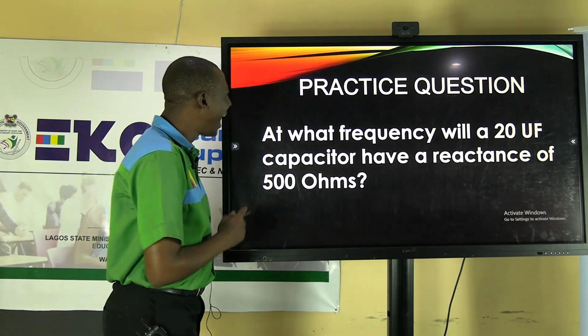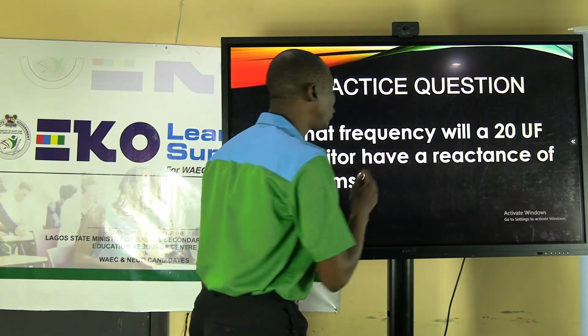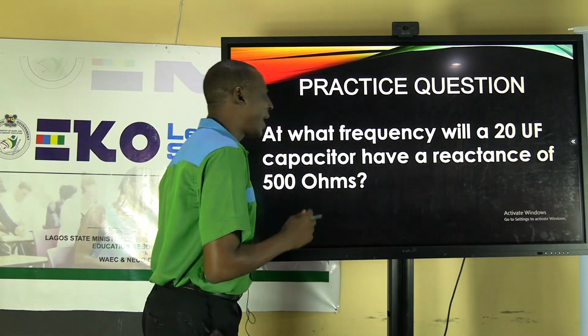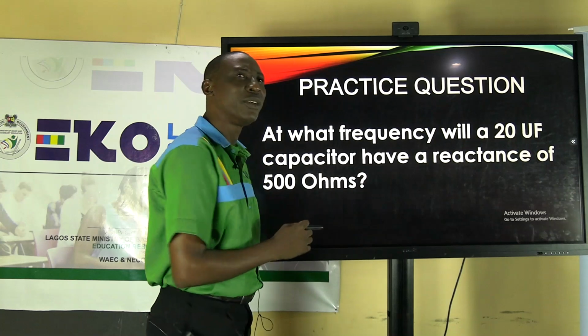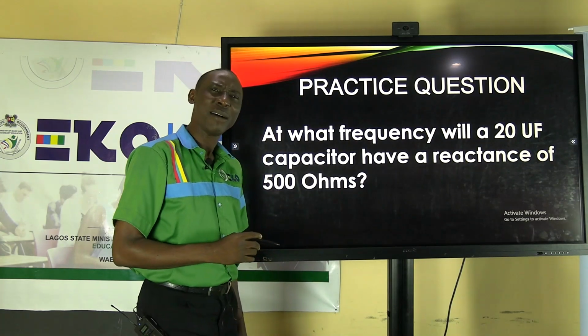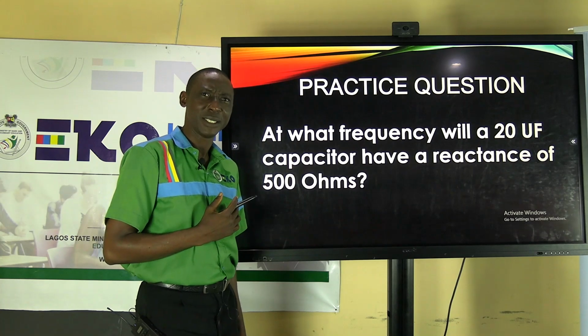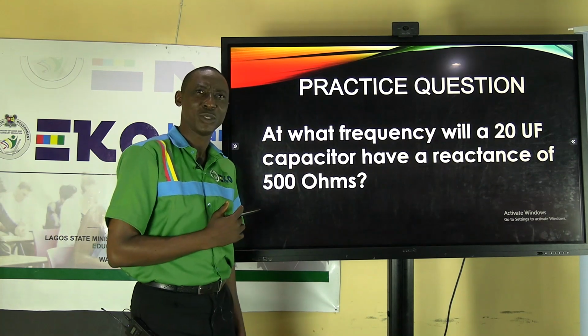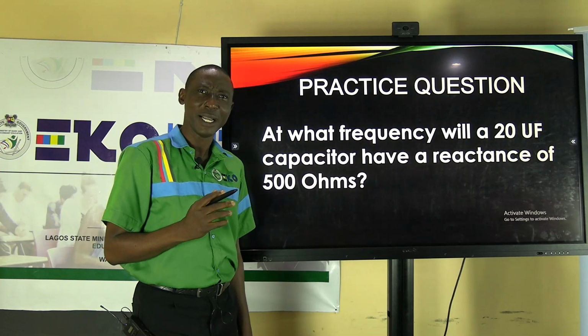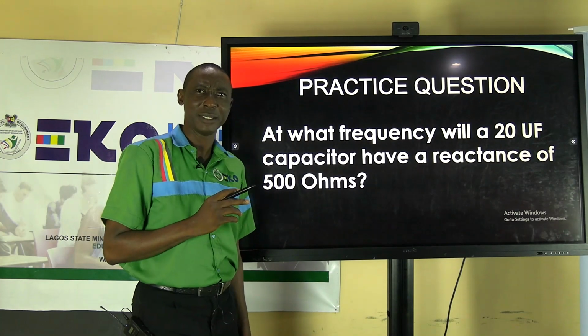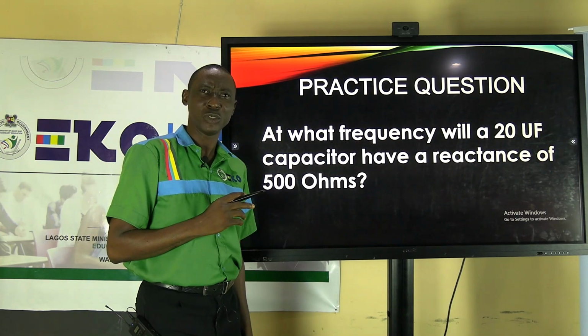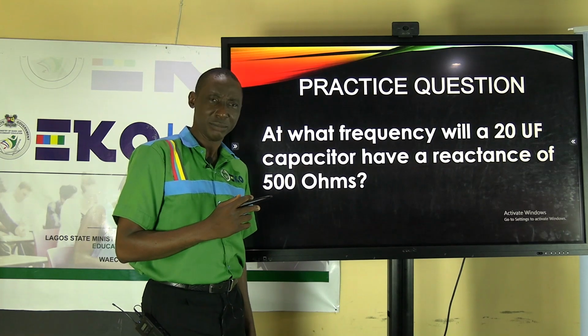Again, at what frequency will a 20 microfarad capacitor have a reactance of 500 ohms? I believe strongly that you're going to do justice to this question. However, I'll be right back in a minute. After you must have done justice to it, we'll look at it together.